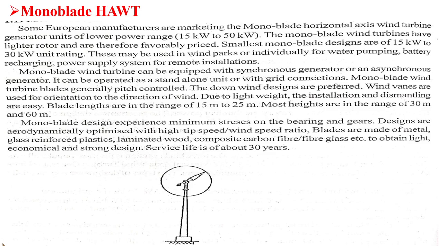Monoblade design experiences minimum stress on the bearing and gears. Designs are aerodynamically optimized with high tip speed to wind speed ratio. Blades are made up of metal, glass reinforced plastics, laminated wood, composite carbon fiber, fiberglass, etc., to obtain a light, economical, and strong design.